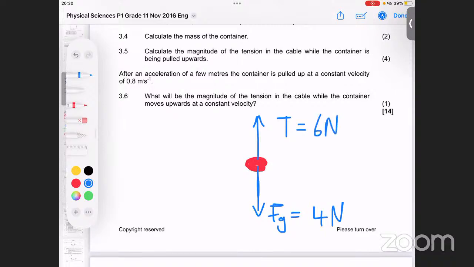If we've got a situation where the forces are not balanced, it means this object is going to go up because the upward force is greater. But according to that statement, this container is not going up, it's not going down, it's just stationary there. So that means there is an extra downward force.